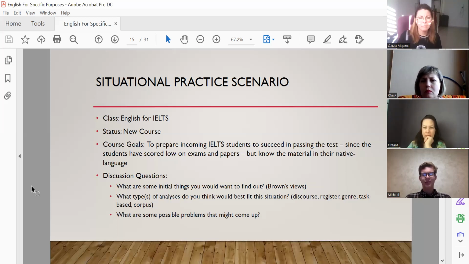So you can learn a lot about what specific, in this case, would be academic English, right? They need academic vocabulary. So you would look for, so that would be what? Register, right? So what register? Formal or informal English?